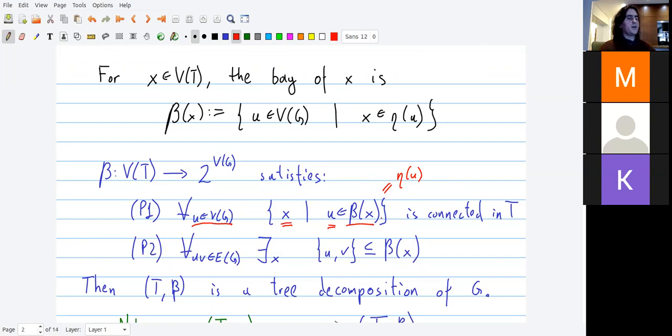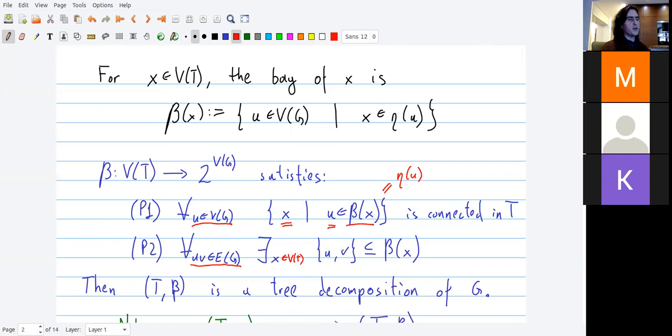And the second condition, the fact that whenever I have an edge in my graph the corresponding two subtrees intersect, can be rephrased in terms of bags as follows: whenever I've got an edge in my graph, there must exist a vertex in my tree whose bag contains both of the endpoints.